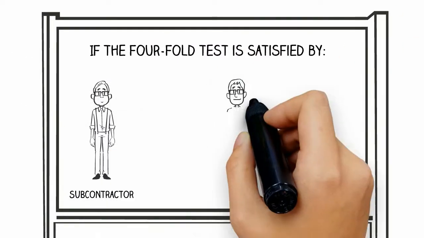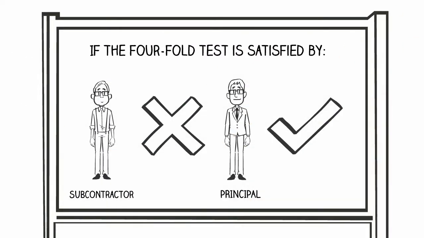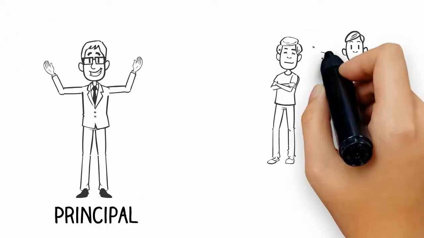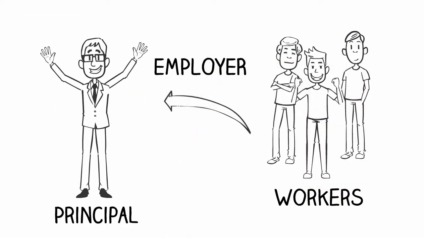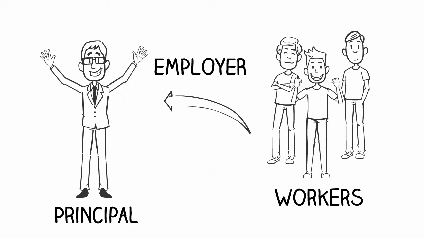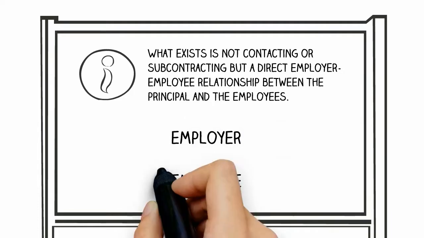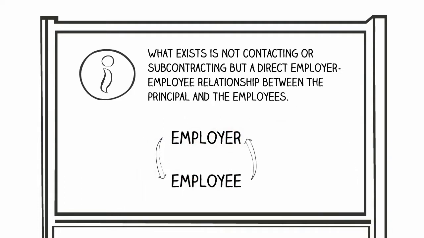If the fourfold test is satisfied not by the subcontractor but by the principal, then the principal becomes the employer of the workers engaged by the contractor to accomplish the job or service. In such case, what exists is not contracting or subcontracting, but a direct employer-employee relationship between the principal and the contractor's worker.